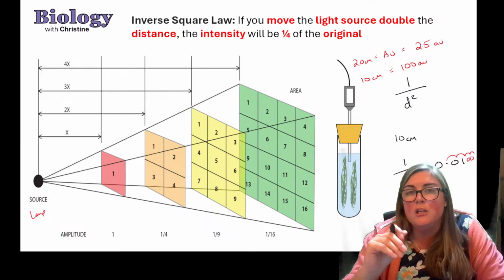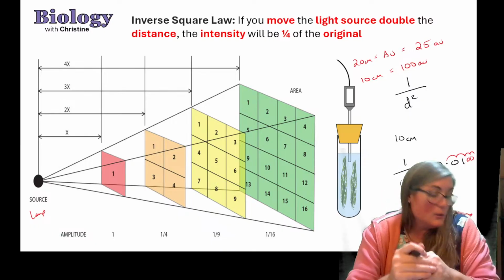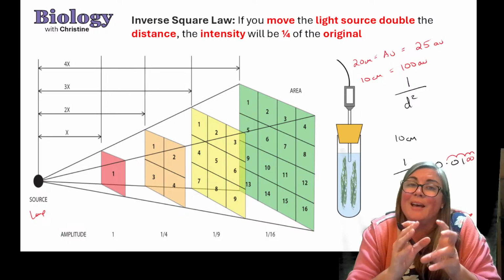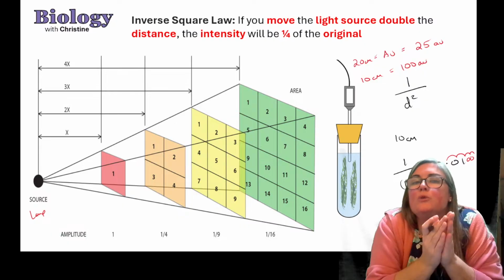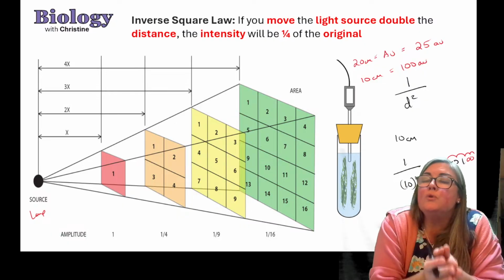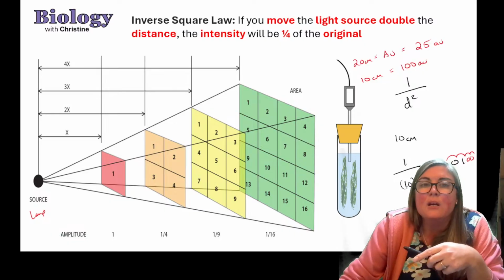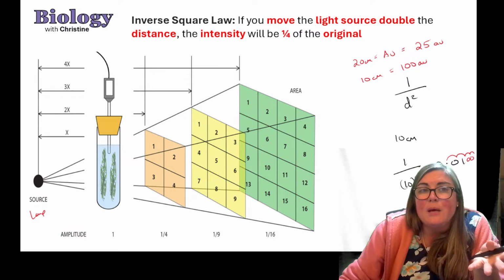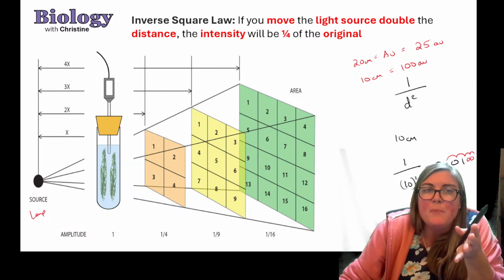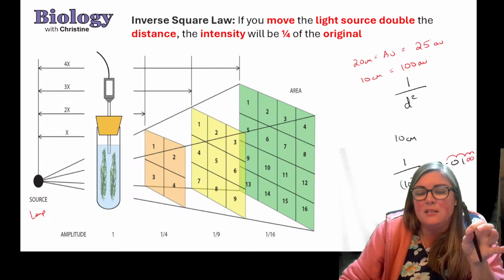So they'll either give it to you where they want you to do a bit of calculation, or they'll do it where they want you to actually say, well, how would you be able to tell? How would you test and control the light intensity? So I would control the light intensity by keeping my sample, my specimen, whatever it may be, if I'm doing it in a test tube, at the same distance.